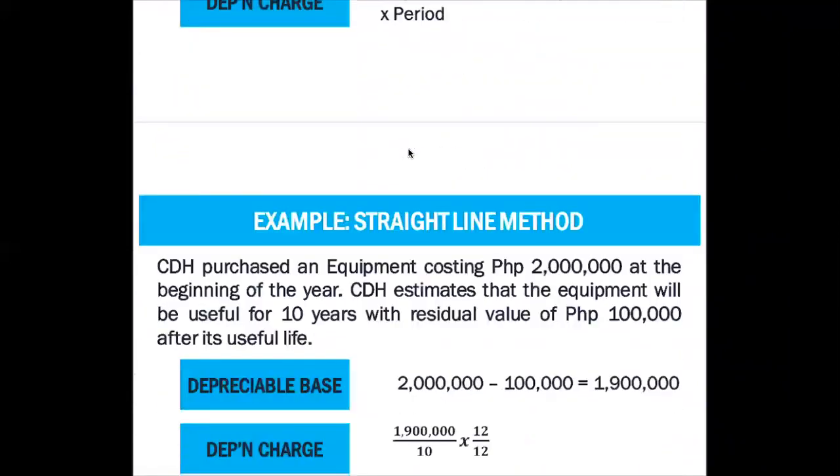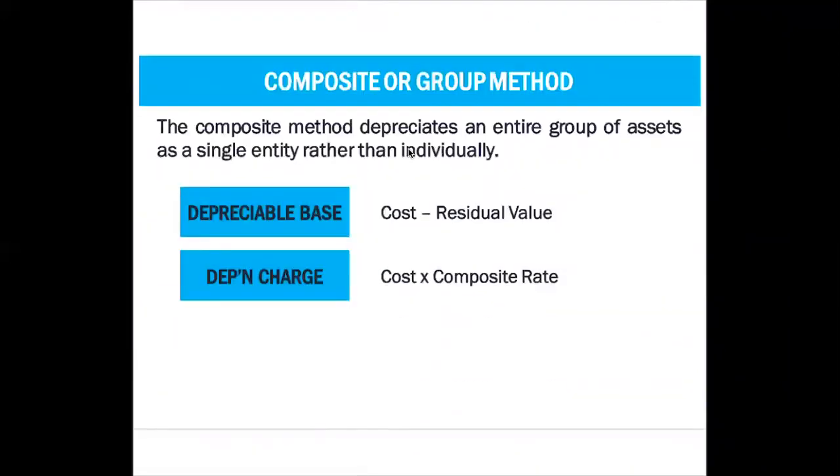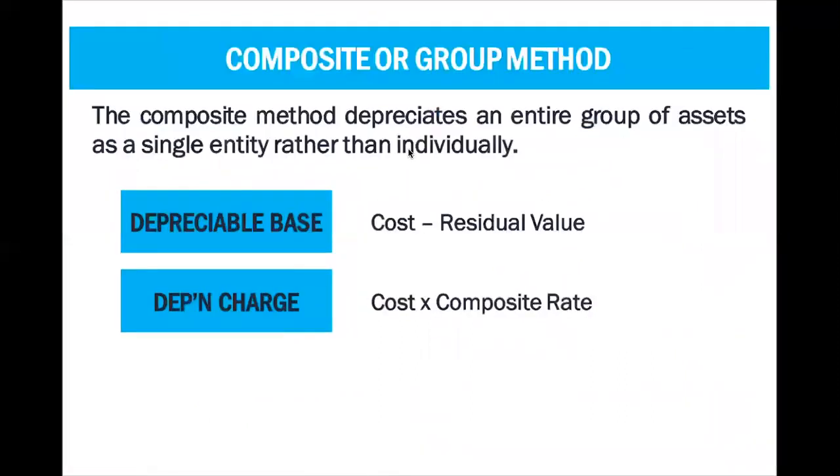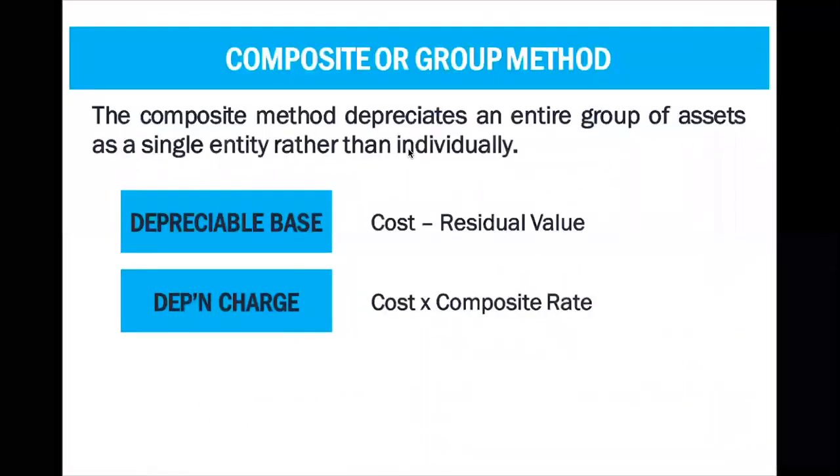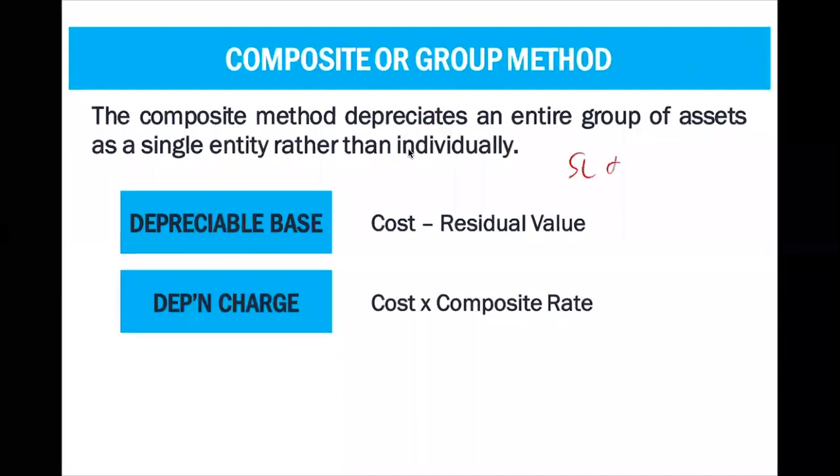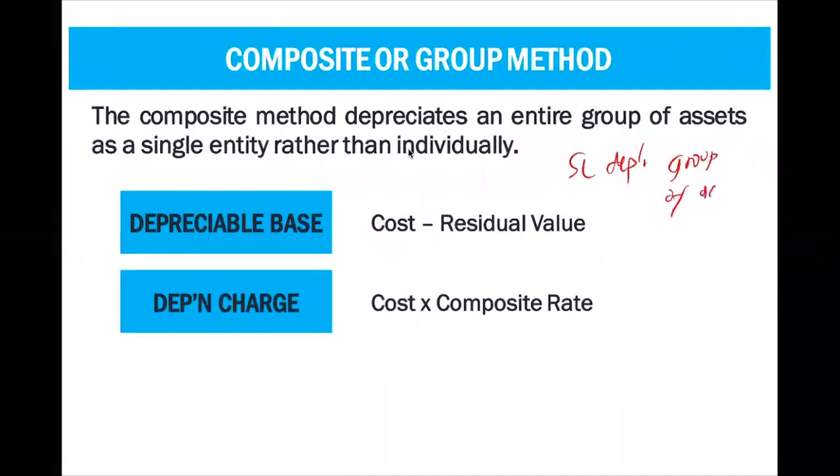Okay? We go now to your composite or group method. For your composite or group method, we get the straight line depreciation for your group of assets. So what is the depreciable base?